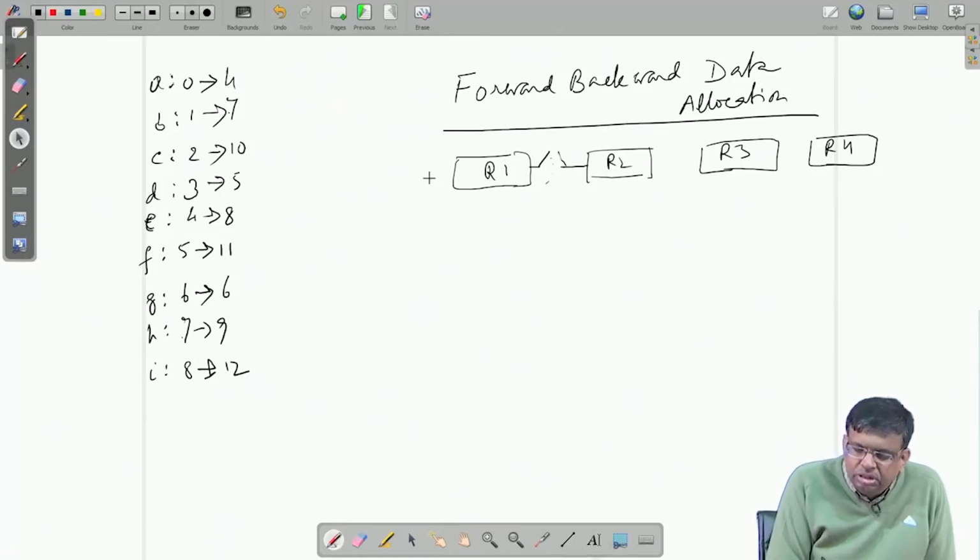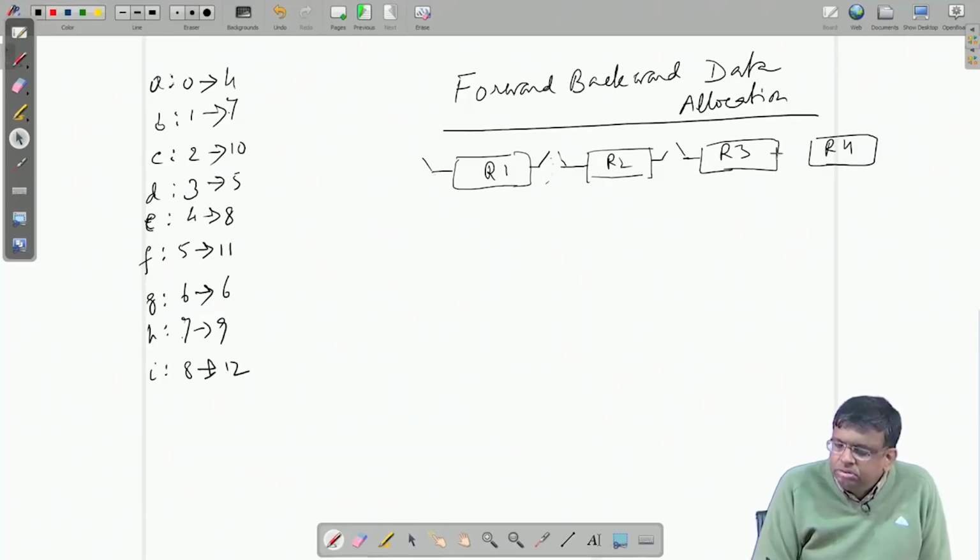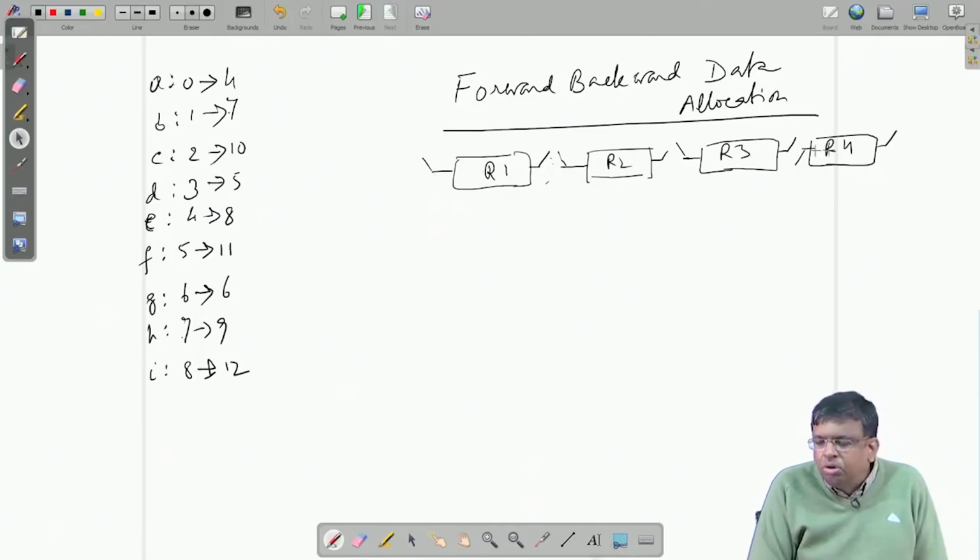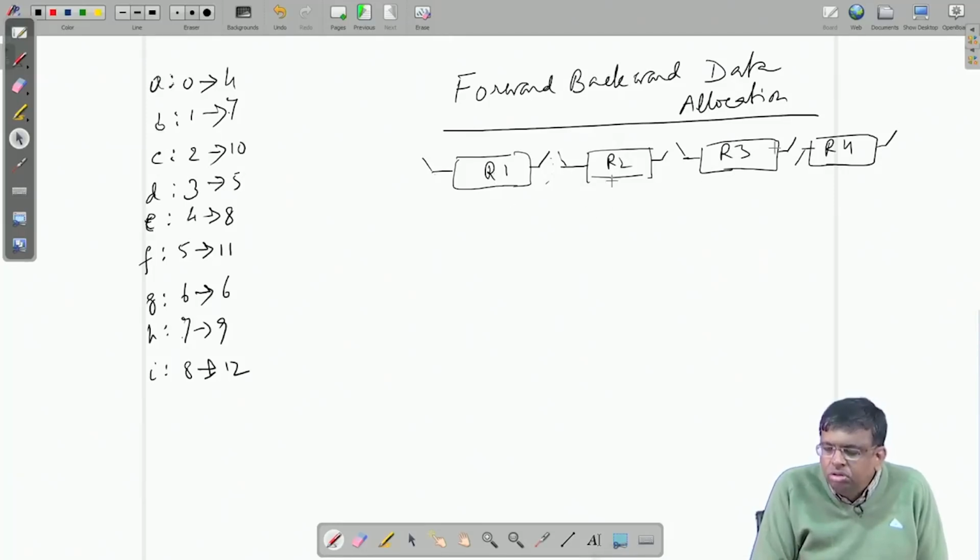Input is switched, output is switched. Ordinarily, I would have had a cascade combination, but depending on the lifetime chart, I may have to move the output of R1 to R3 rather than to R2 or R4, or the R4 output may have to be fed back to the R2 input. That is how this connection will be formed.